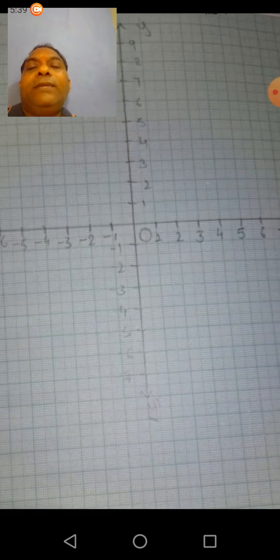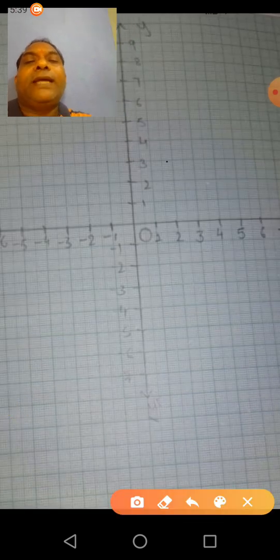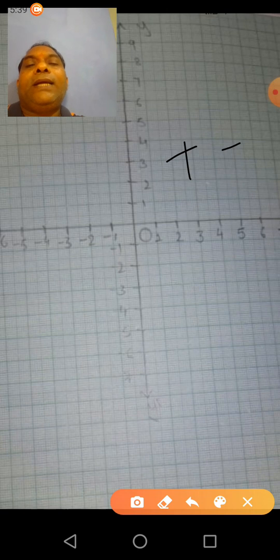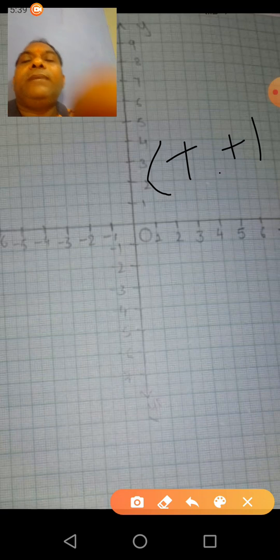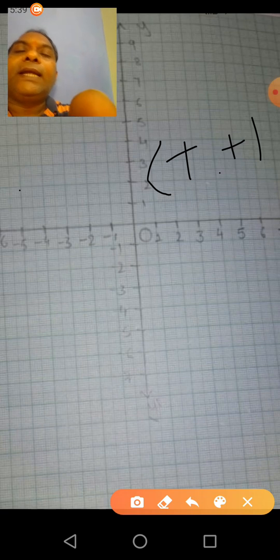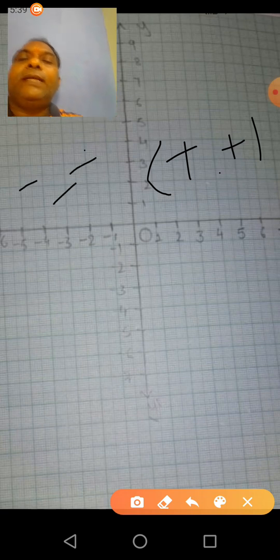So point will be in first quadrant if x coordinate and y coordinate are positive. It will be in second quadrant if x coordinate is negative and y coordinate is positive. Clear?